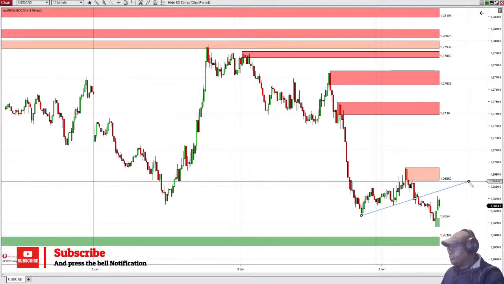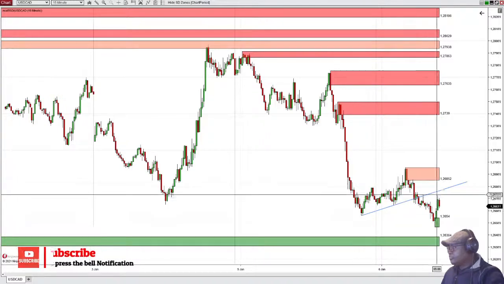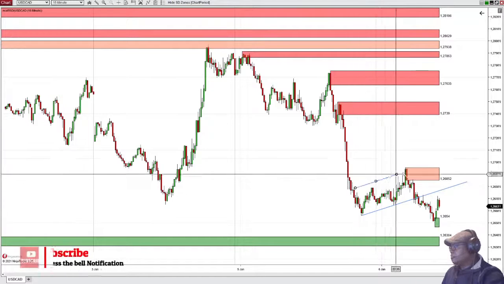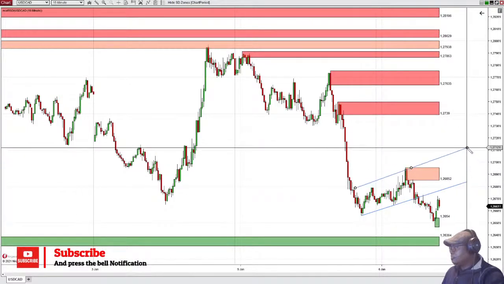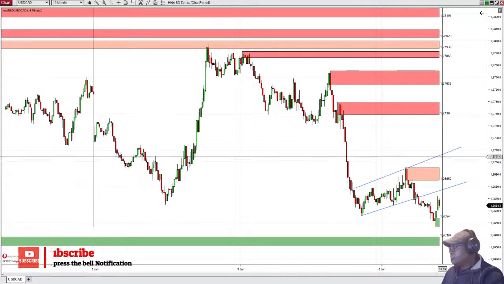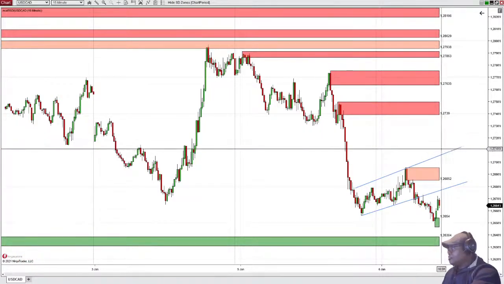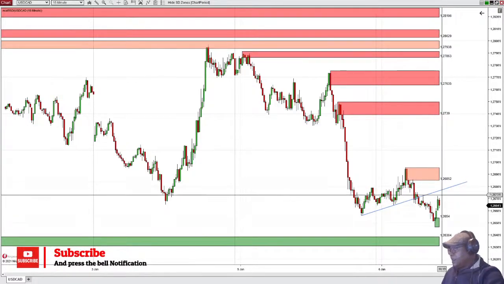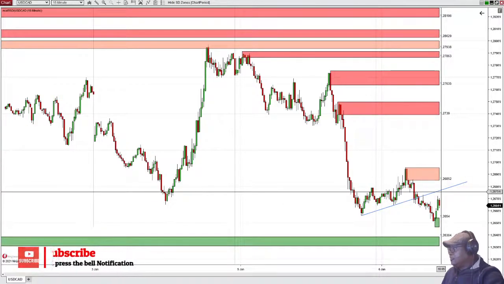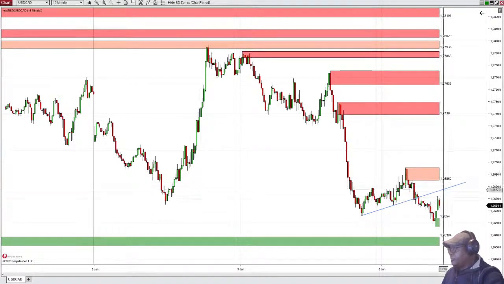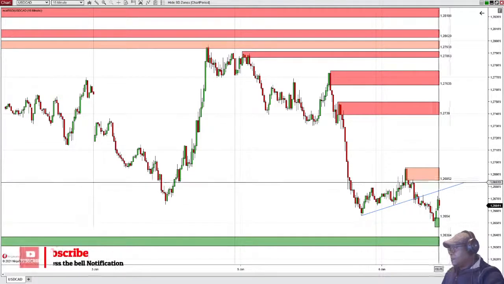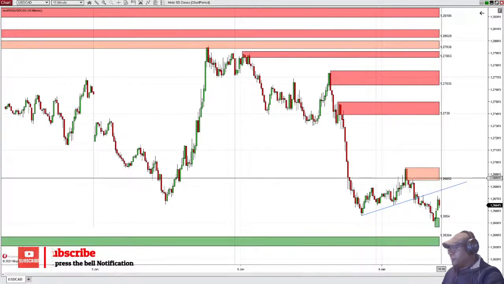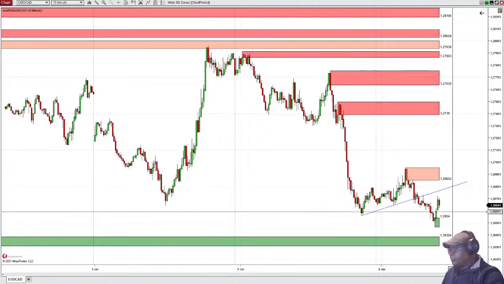If it can come back and retest this trend line, then I can look for some kind of pattern that can take the trade back down.